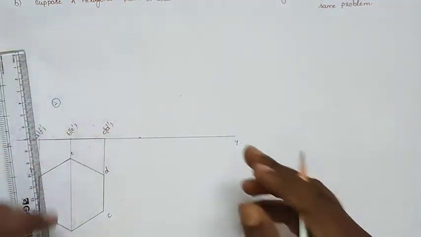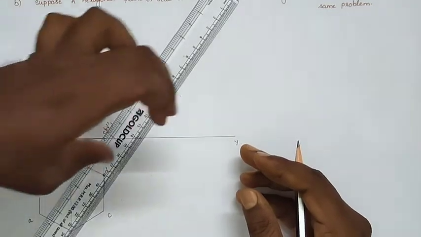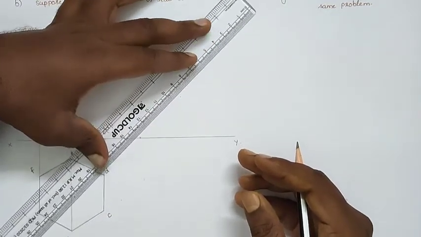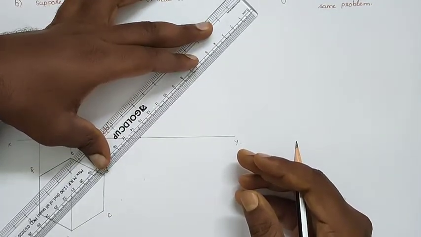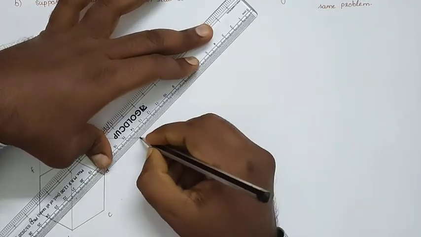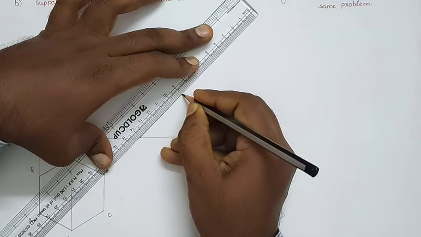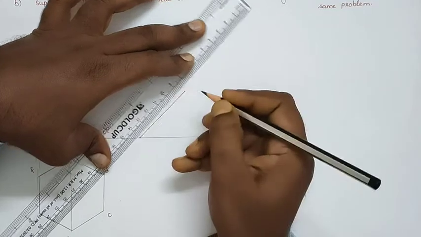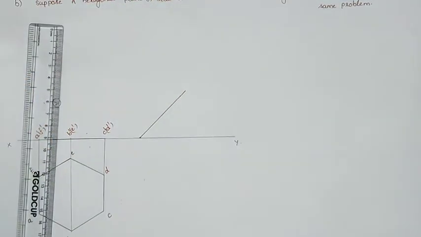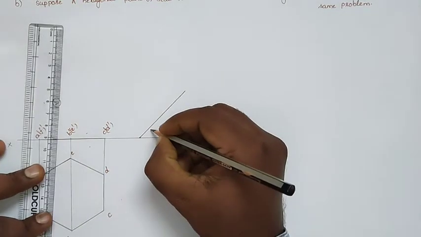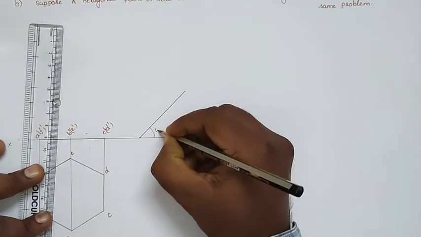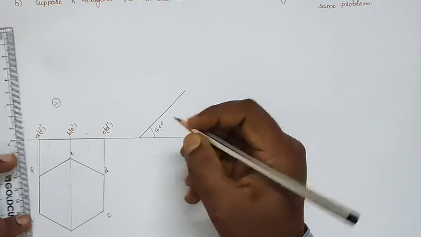Projecting this in an inclined manner, the first front view can be drawn in an inclined manner with the length of 54. After drawing the front view, draw the second front view with 45 degrees inclination.